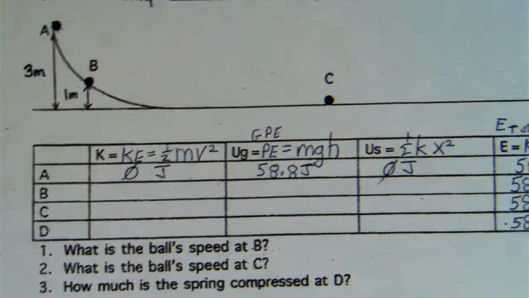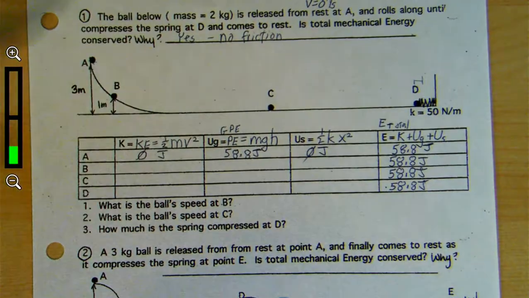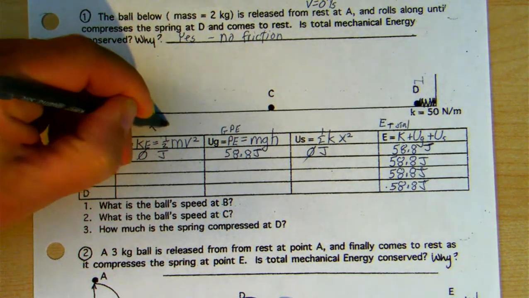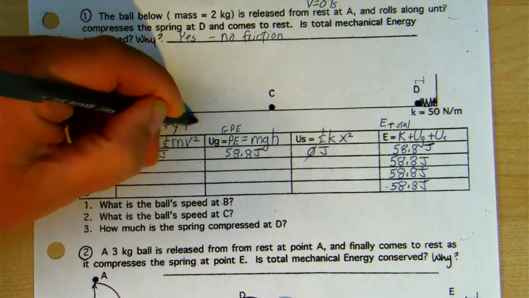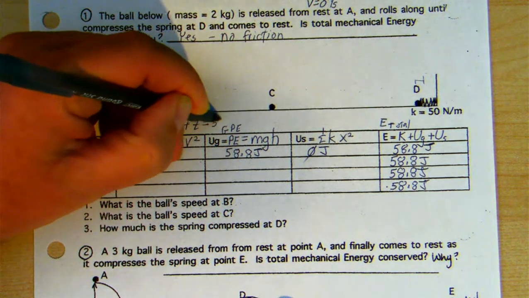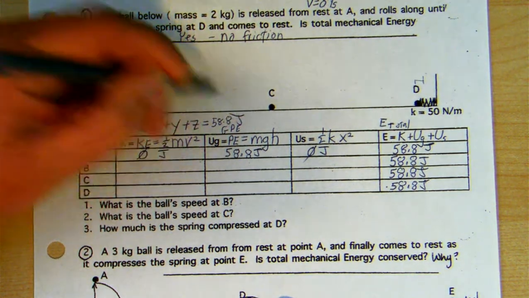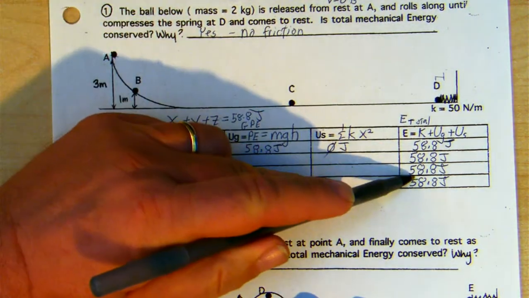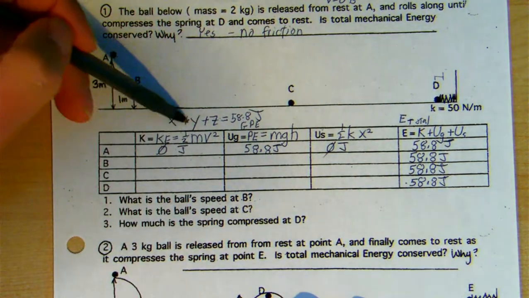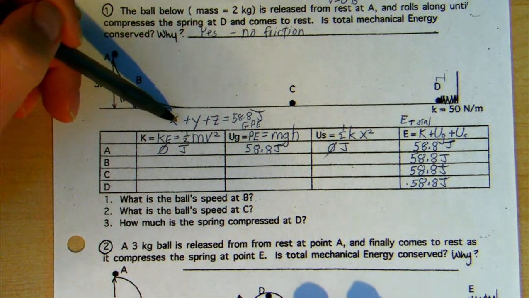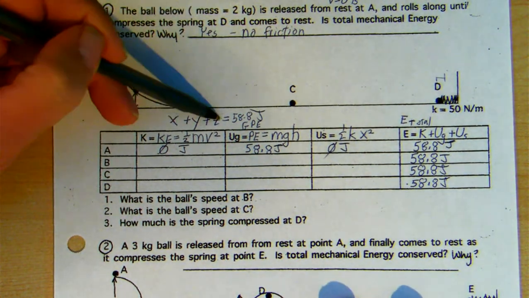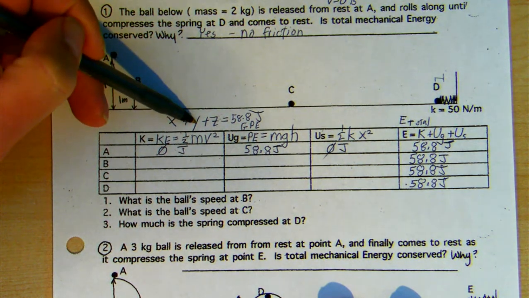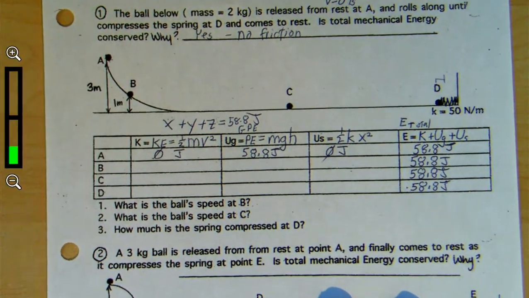Instead, use the principle of conservation of energy and treat this as K plus UG plus US equals 58.8 joules. At any point in the problem, we can give you two of these, so you solve for the one unknown. Let's try it at point B.